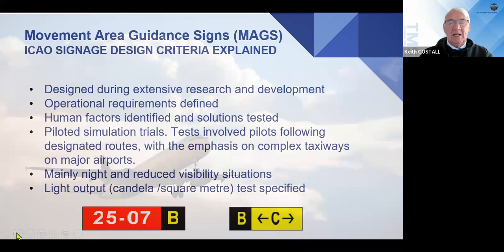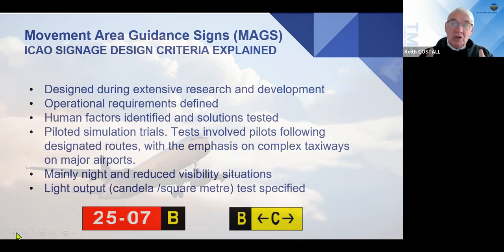So we've got that element because we've got both military and civil operations, and each of those has specific needs.